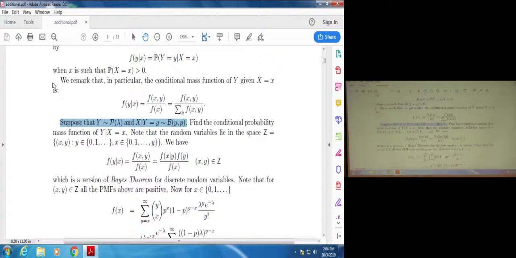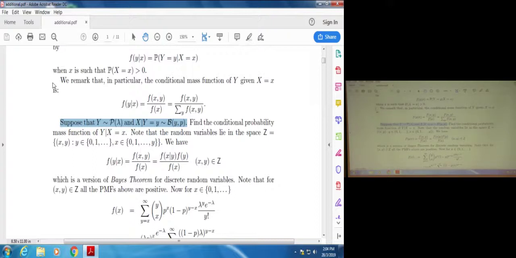Here x given y is binomial, with parameters little y and success probability p, and y is distributed Poisson with parameter lambda. That means the probability that y takes the value little y is lambda to the y, e to the minus lambda, over y factorial.